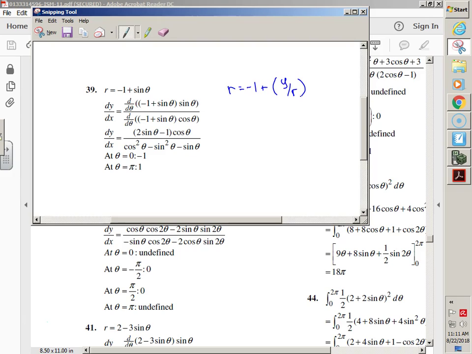The struggle is if you tried to do this, wouldn't you end up with a nasty expression? Because this would be r squared. This would be -r plus y. You could plug this in for x squared plus y squared. That would be negative square root of x squared plus y squared. It's not pretty, but can you implicitly derive that function?